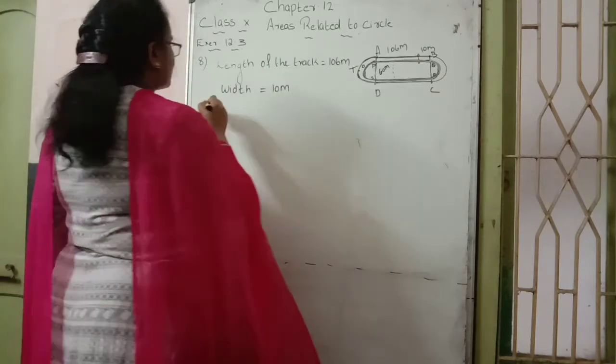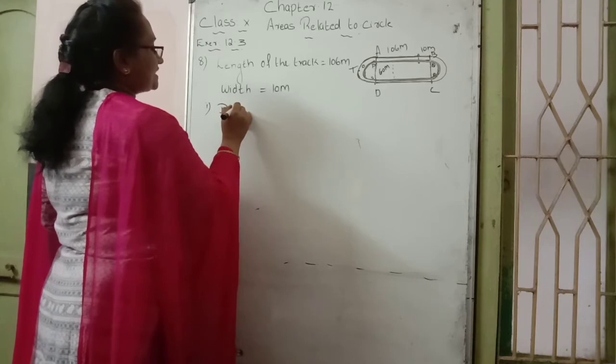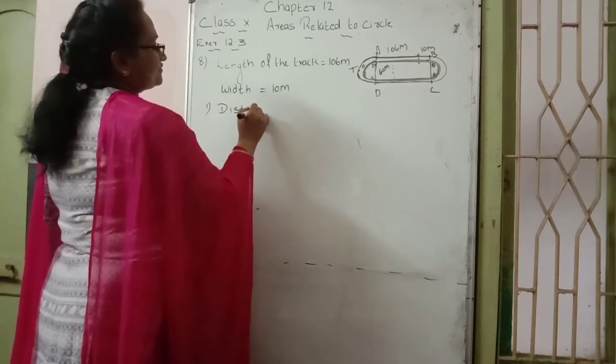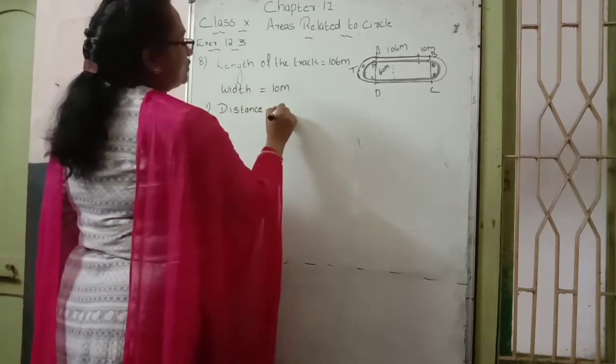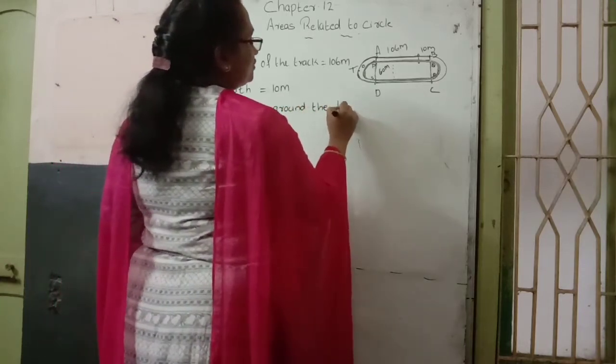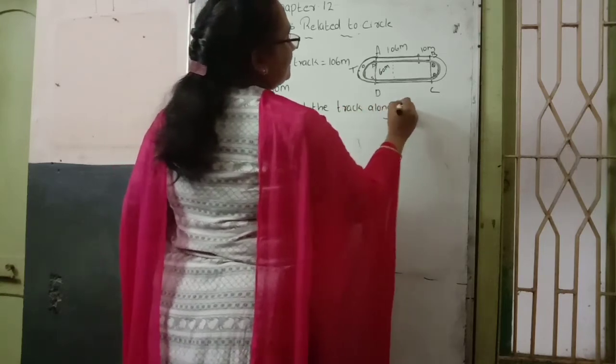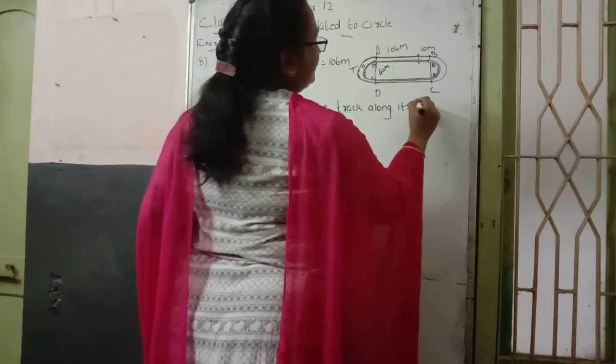In the first part they ask for the distance, remember, perimeter, around the track along its inner edge.